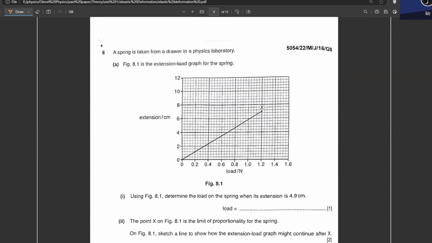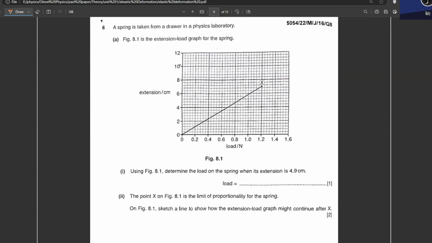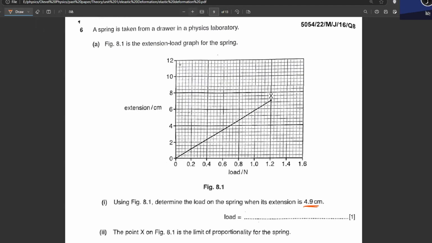A spring is taken from a drawer in a physics laboratory. Figure 8.1 is the extension load graph for the spring. Use figure 8.1 to determine the load on the spring when its extension is 4.9 centimeter. So let's zoom in a bit.